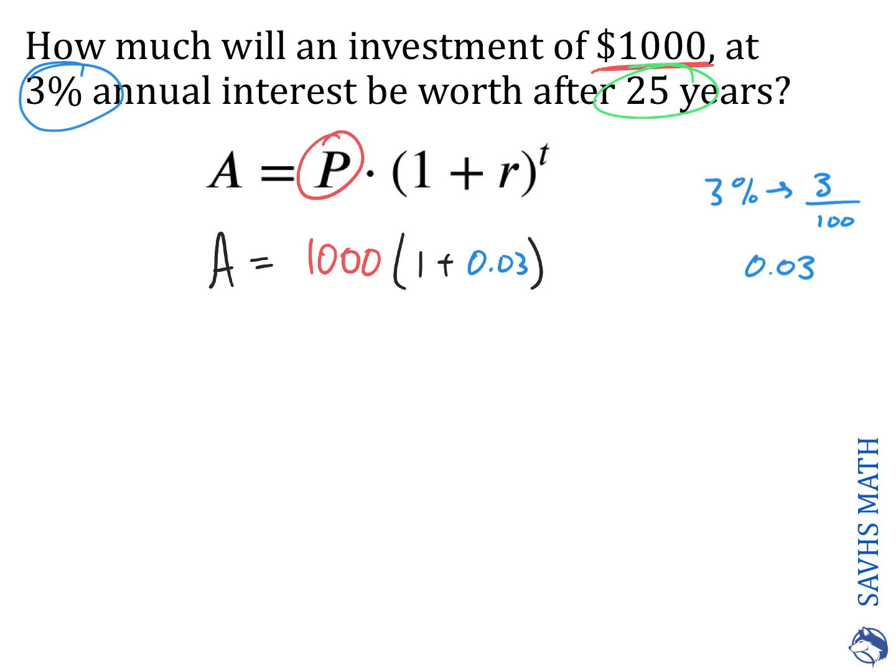And then I'm going to keep the T here because this is kind of the model. This is the relationship between money and time. So T is our time. And then what we're going to do is put that number in there. So A equals 1,000 times 1 plus 0.03 to the 25.